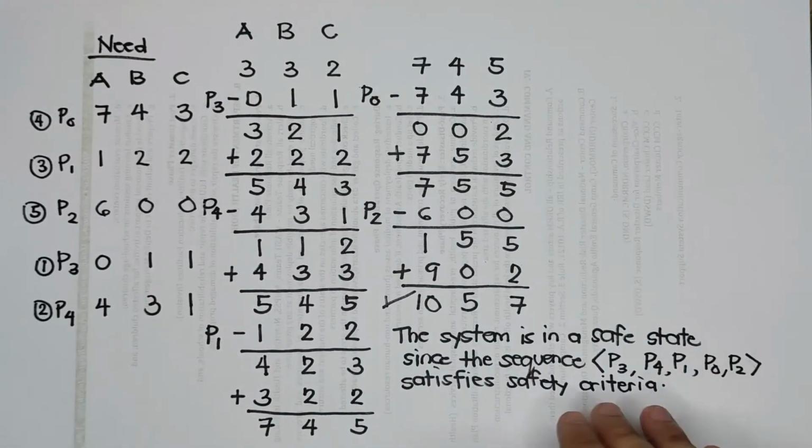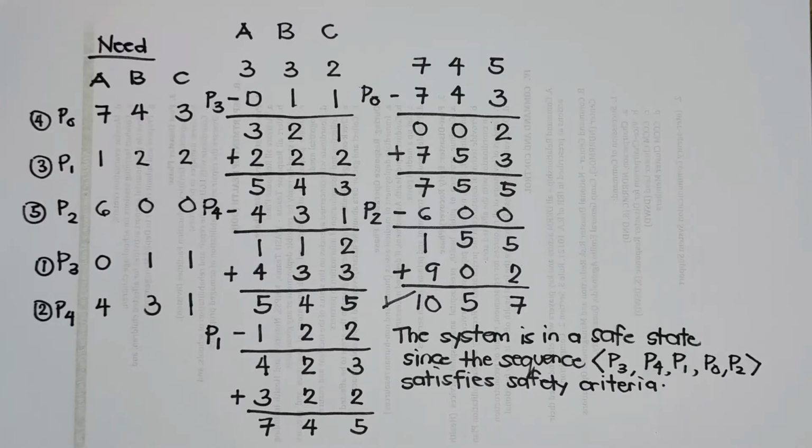So, I only gave this another example to show you that for a set of processes, you can identify many sequences applicable. So, the question is, do we need to identify all the sequences? Actually, you don't need to, as long as you have identified one sequence that satisfies the safety criteria. You can already conclude that the processes that are executing are in a safe state.